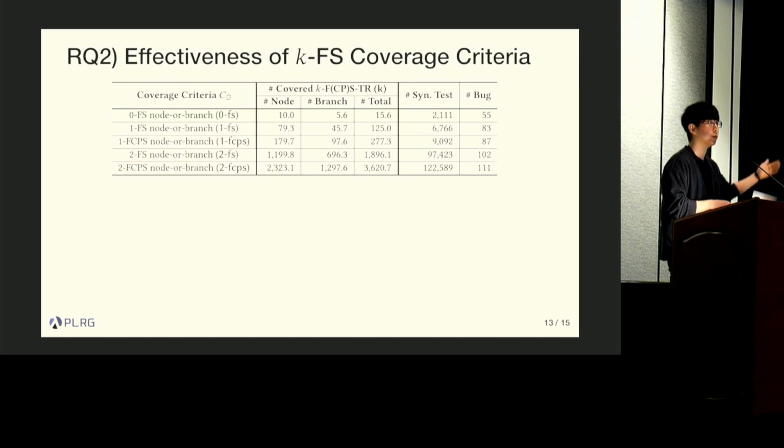If we use K of 3 or more, there are really many test requirements, and we cannot cover many parts in the 3 FS coverage. So empirically, 3 would be the point where it explodes.